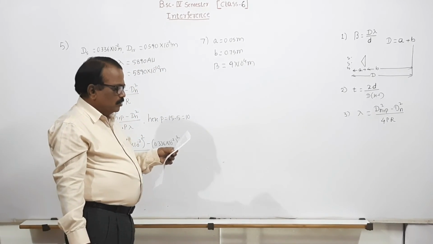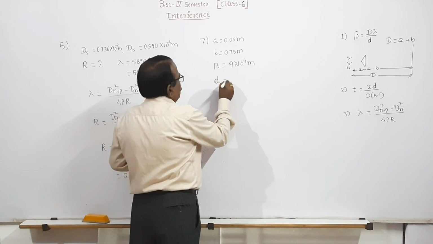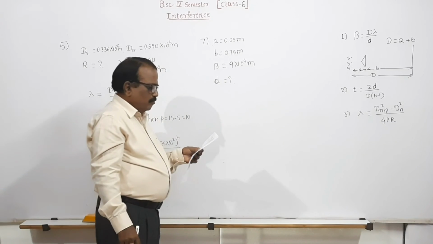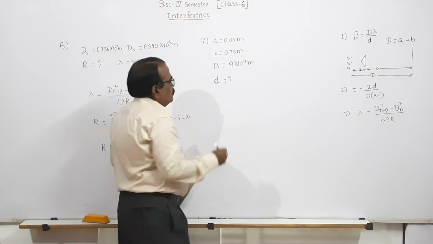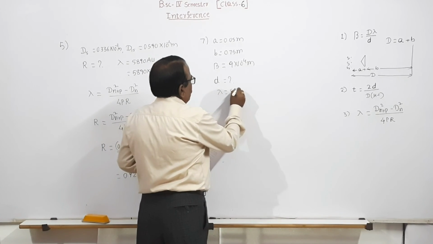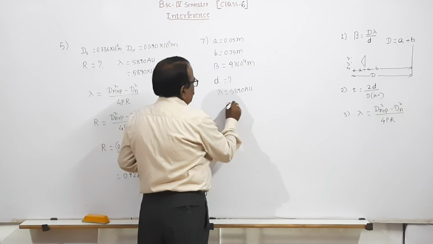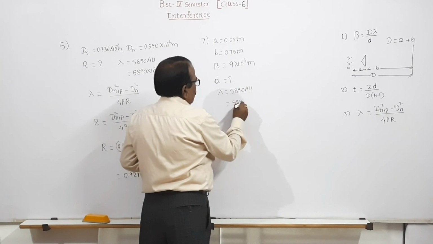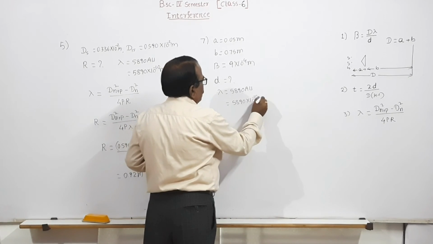What is the distance between coherent sources? d is what? Given lambda is 5890 angstrom unit. This is 5890 into 10 raised to minus 10 meter.